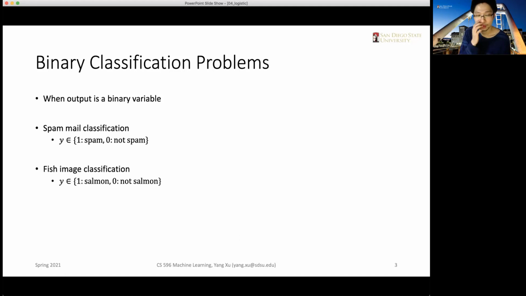So the output is not a continuous number, right? It's either 0 or 1. So it's categorical, and that makes the whole need or the requirements we need to satisfy with a model very different from a linear regression model.